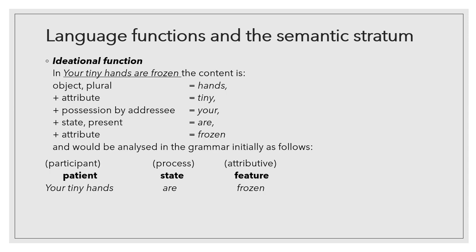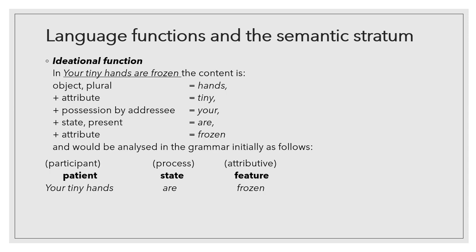But again, you have to make it into systemic functional grammar. So we have a passive sentence in this case. What you have to remember is, if it is an active sentence, it is participant, process, and circumstance. If it is a passive sentence, it tends to be participant, process, and attribute.